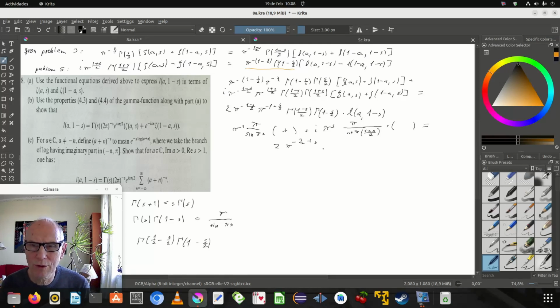I can't reduce that at all, so just write it. And this was with the 2 subtracted. Maybe I should check the formula from problem 5, do that again.